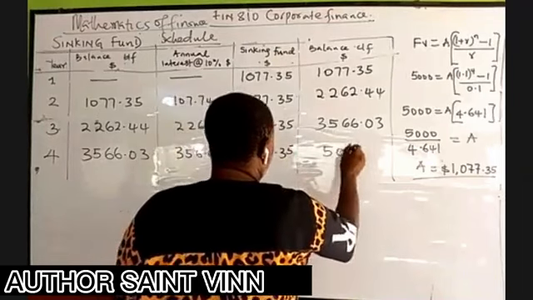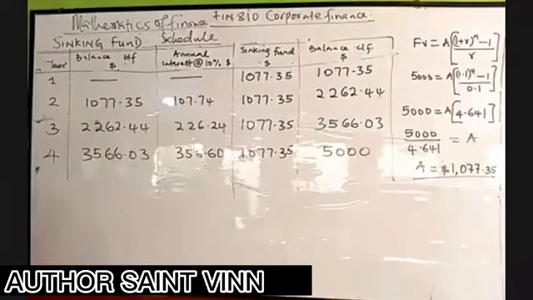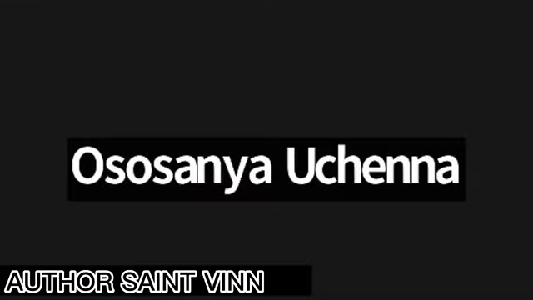Approximately, we are getting $5,000. Check it out. Approximately, everything is 5,000, so we have realized it. Sometimes you may get 4,999.98, for instance.